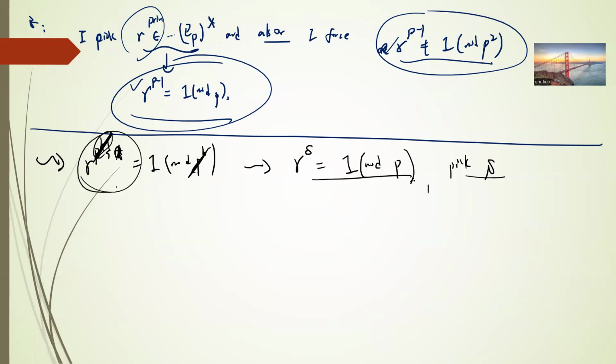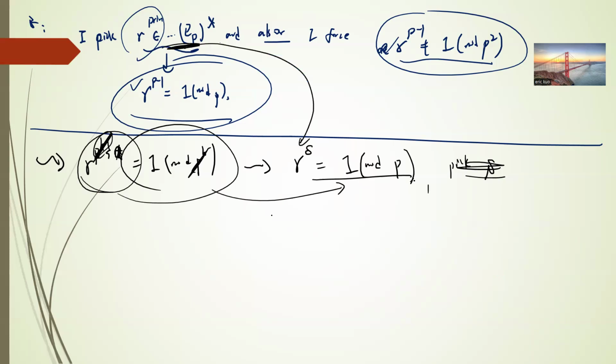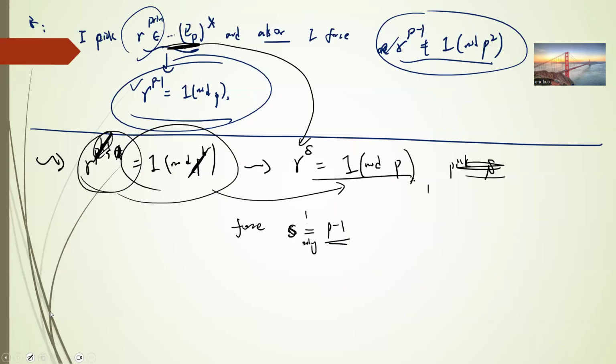Because if I use this theorem up here, by the definition, R is a primitive root. So this will force that S can only be equal to P minus 1.